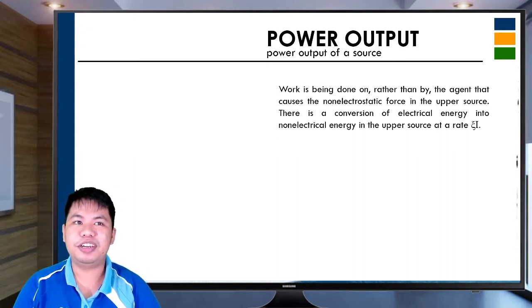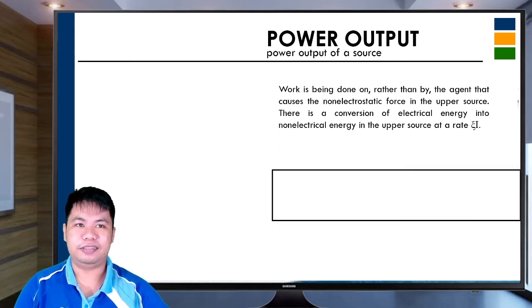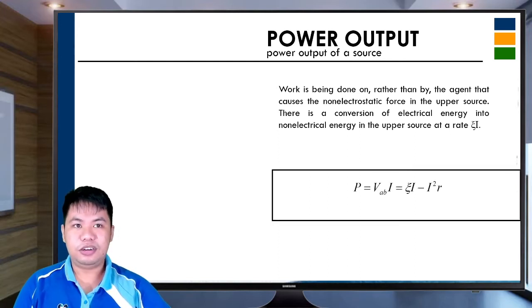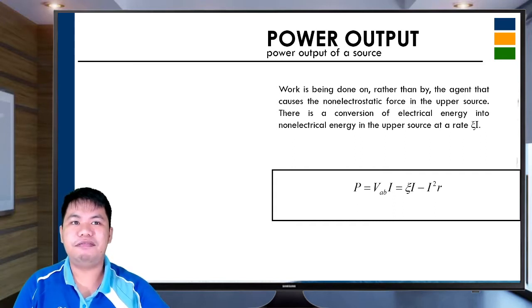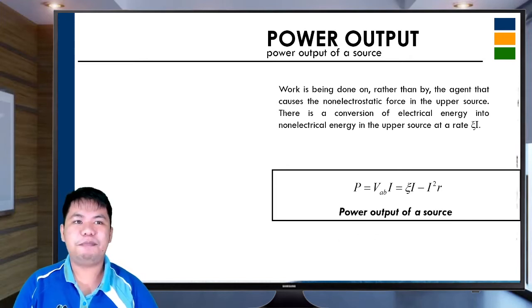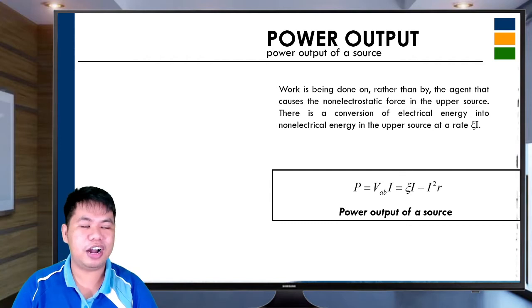So there is a conversion of non-electrical energy into electrical energy in the source at a rate of E times the current, the EMF E times the current. So the power is EI minus I squared R. This is the power output of the source.